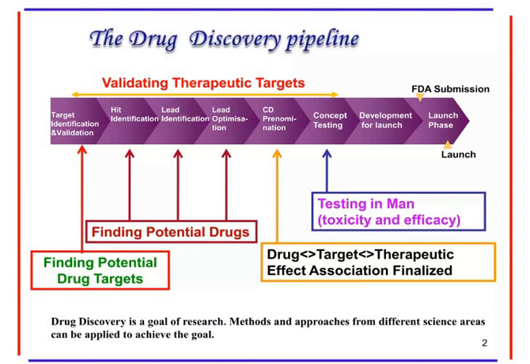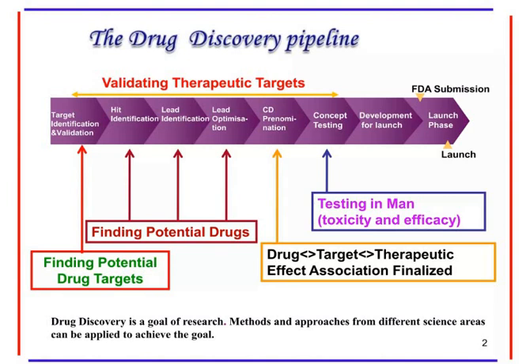So you can see the target identification and validation, finding potential drug targets. Now finding potential drugs, hit identification, lead identification, and lead optimization. Then CD optimization means drug target therapeutic effect association finalized and testing in man, toxicity and efficacy.